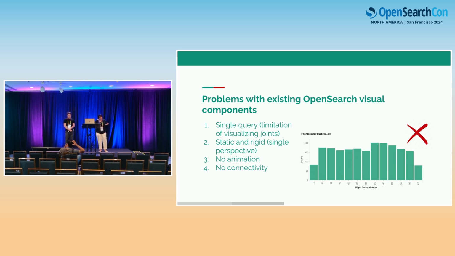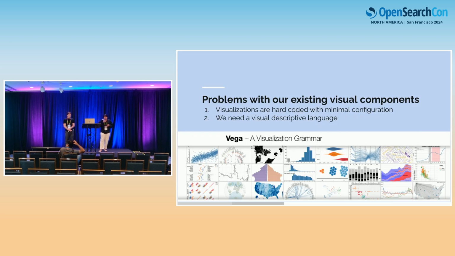Not much animation going on. Animation gives you that real-time feel of what's happening, and also there's no connectivity as such. More problems with our existing visual components are that they're hard-coded with minimal configuration, and we need a visual descriptive language, which is why we are talking about Vega today, and Lior is going to go really deep into this now.